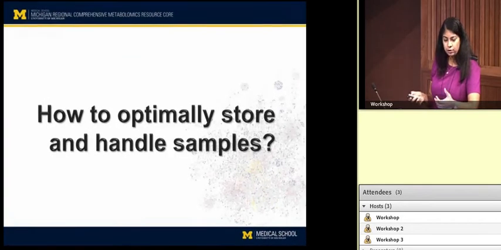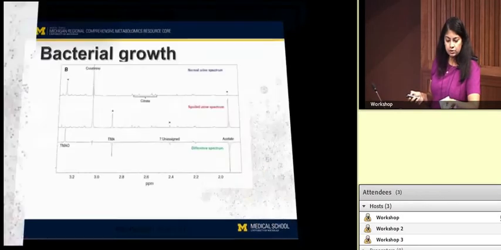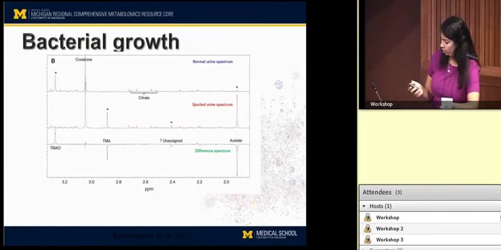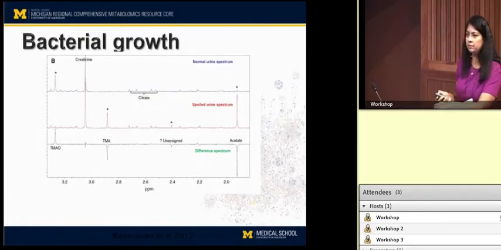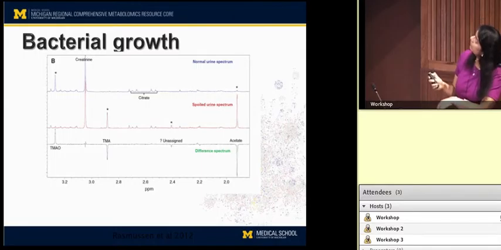How do you store and optimally handle samples? What does that do to the question you're trying to answer? Here I'm showing an example of urine that was sitting on the bench for 24 hours. This is an NMR spectrum. As you can see, comparing the same urine sample preserved well on ice versus a spoiled urine sample, you can see new peaks appearing of TMAO, TMA, and acetate.